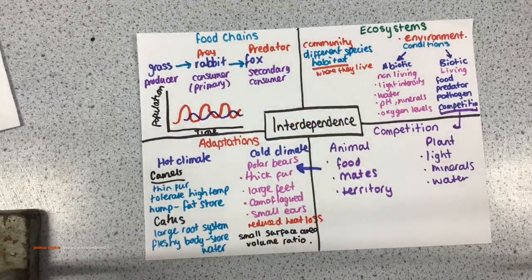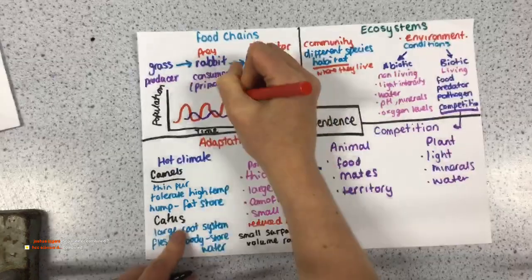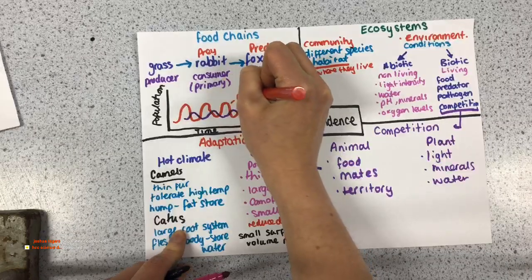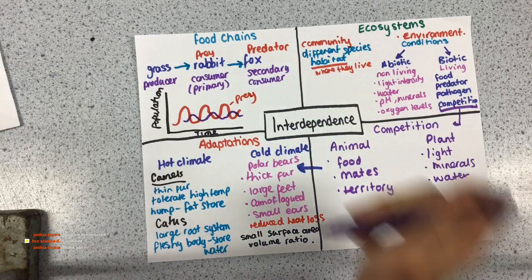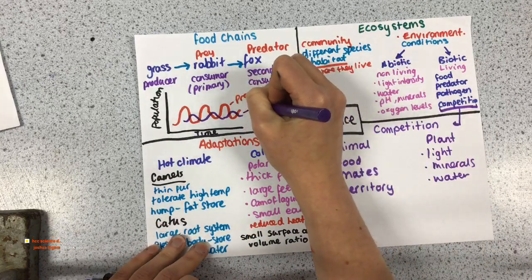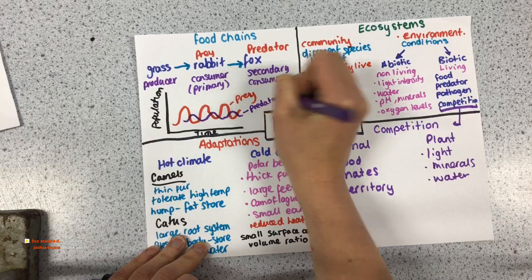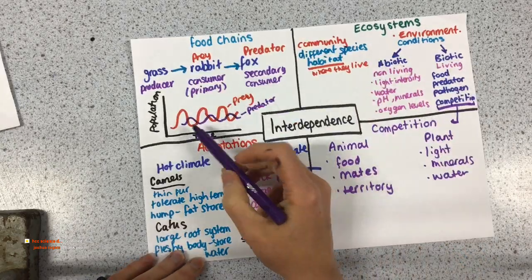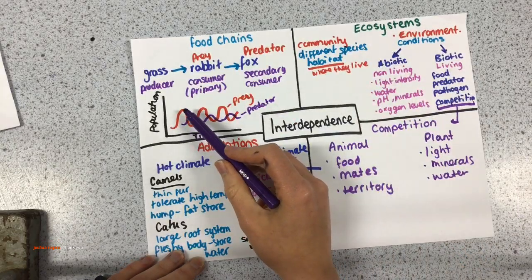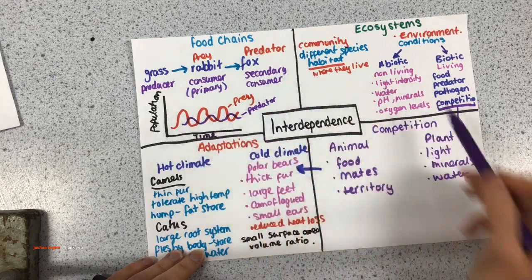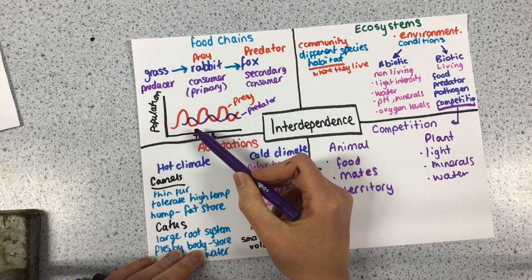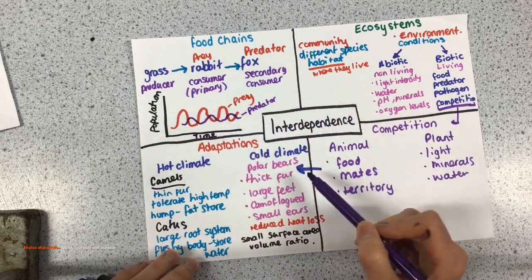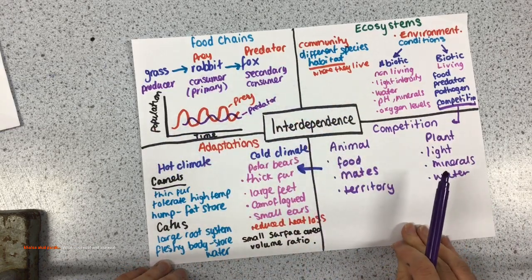Now, I'll put prey on that bit so you know. And it shows you as the prey's population increases, that has an impact on the predator's population. As there's more food to eat, they're more likely to survive, so their population increases. That then affects, again, this idea of affecting within an ecosystem, the prey population starts to fall and it becomes a cycle, hence the predator-prey cycle.